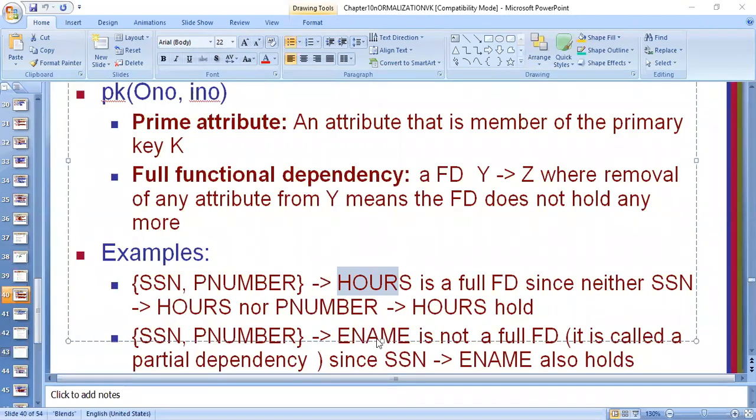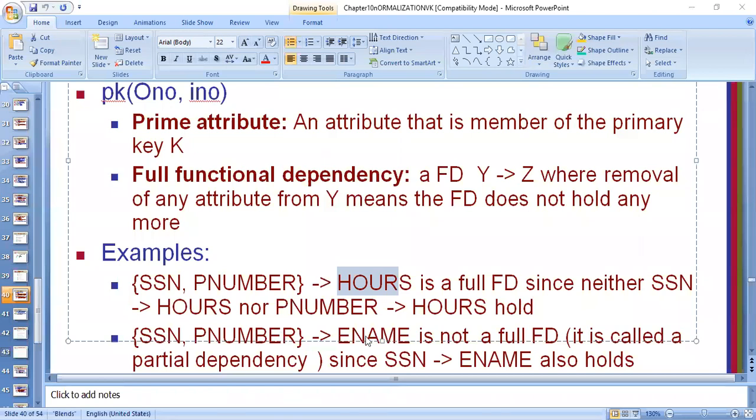It is not fully functionally dependent on the combination of these two. That is why E name is not eligible to be in a table with this combination as primary key.